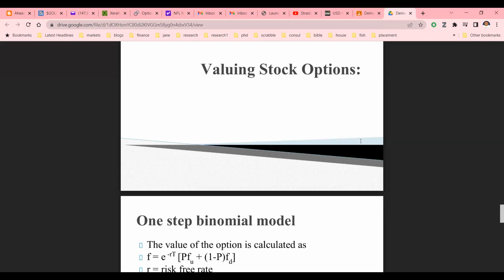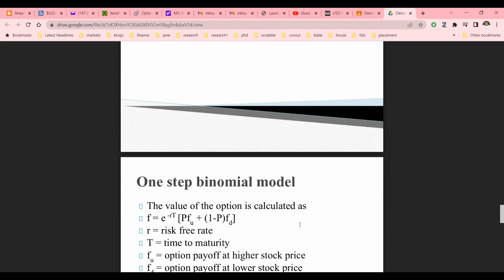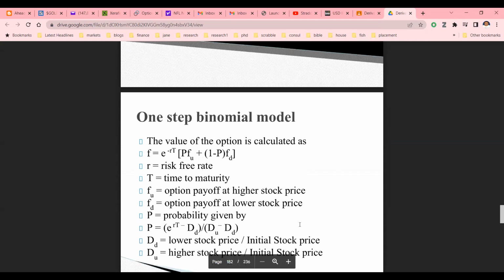I'll just run you through it, right? In fact, in my Excel download sheet, I have given you a problem where the same problem is solved with Excel. So it's a lot easier for you to do the options valuation. Just have a look at that sheet. Before that, there was something called a one-step binomial model. There are some formulas for how you can calculate the values using the model.